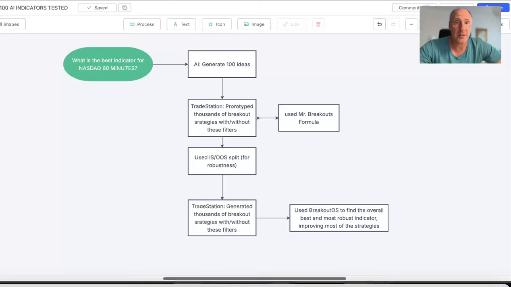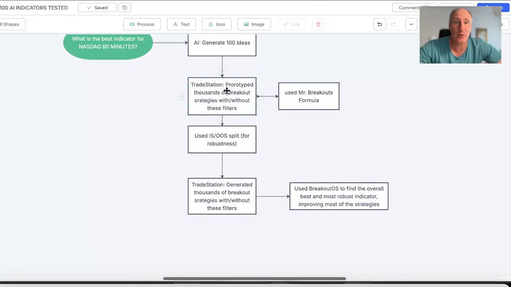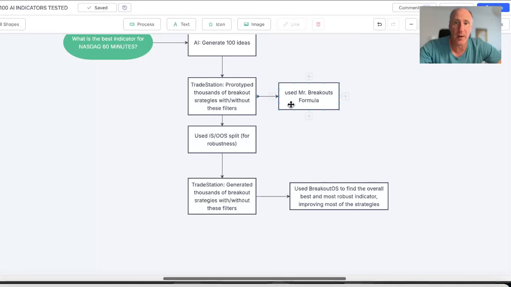Okay, let's go back. So what I did next, I used TradeStation, again that's my platform, to prototype thousands of breakout strategies with and without these filters. This is very important. So first of all, I used Mr. Breakout's formula. You can see it here. Very simple, very universal.